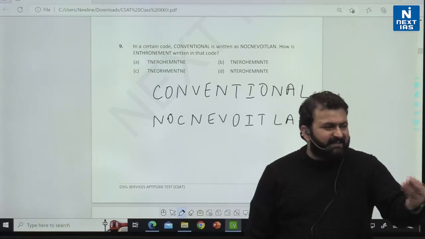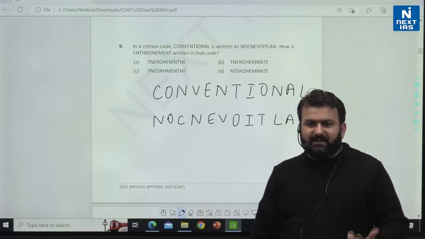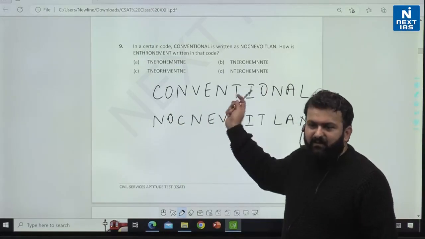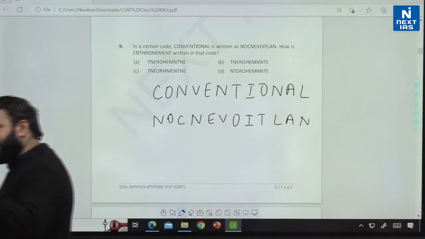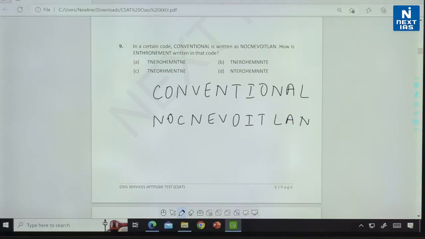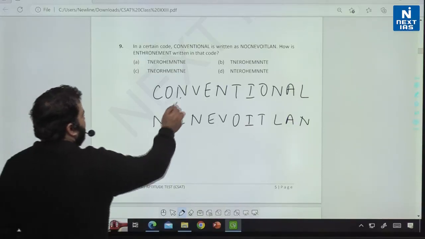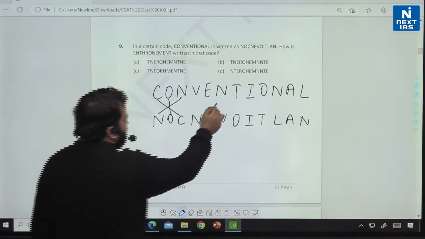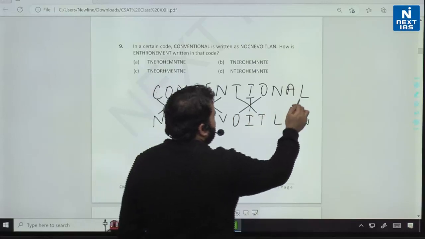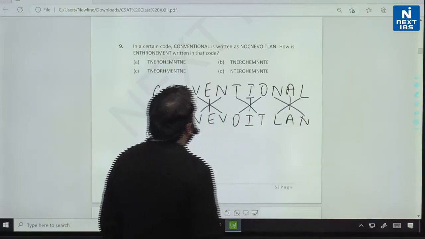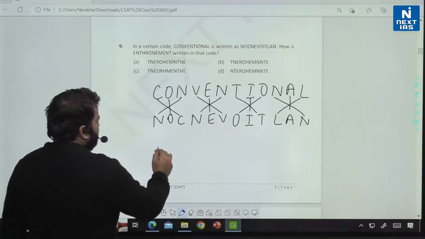You are writing the same letters of the original word but in a different arrangement. So directly you see NOC, NEV, OITLAN.